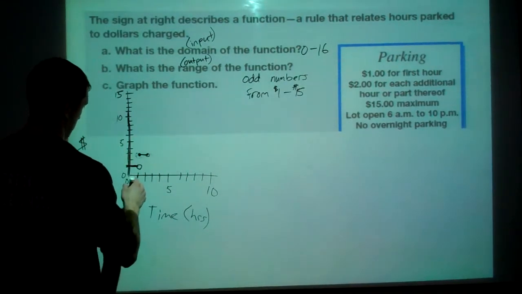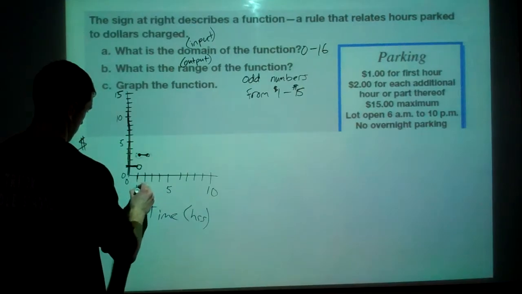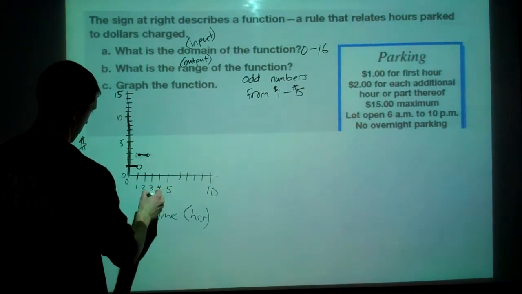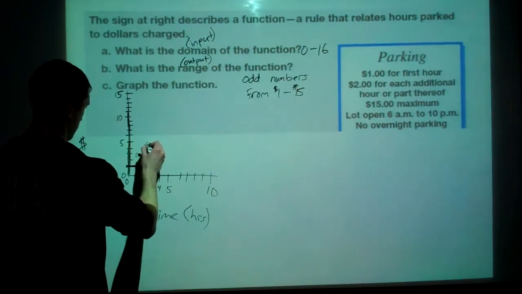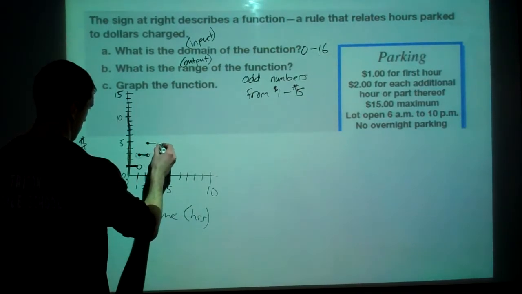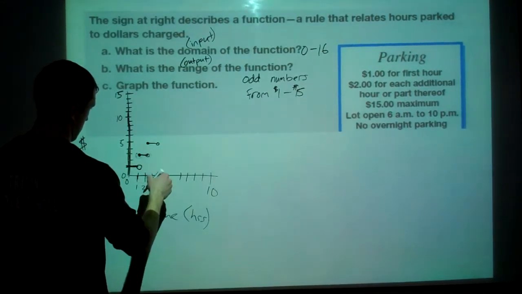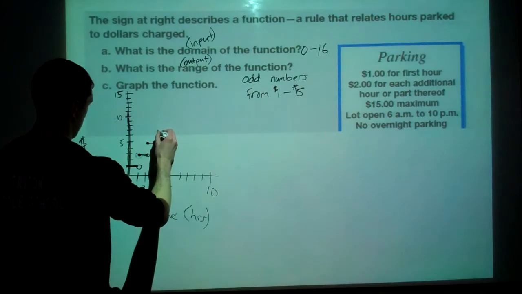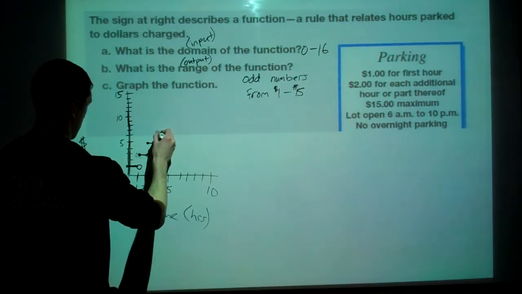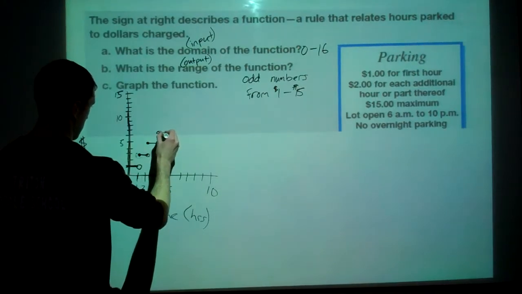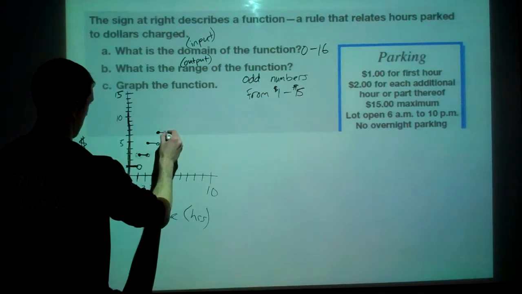And from, so this is 1, 2, 3, 4. And if you're there for 3 hours, it's $5. And that's from 3 to 4. 4 hours, that gets you to $7. I keep writing it backwards. Alright.